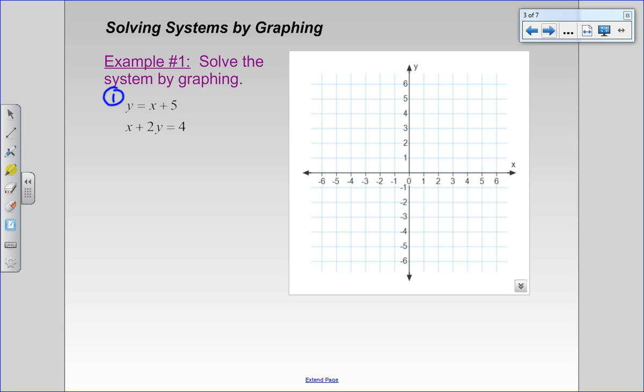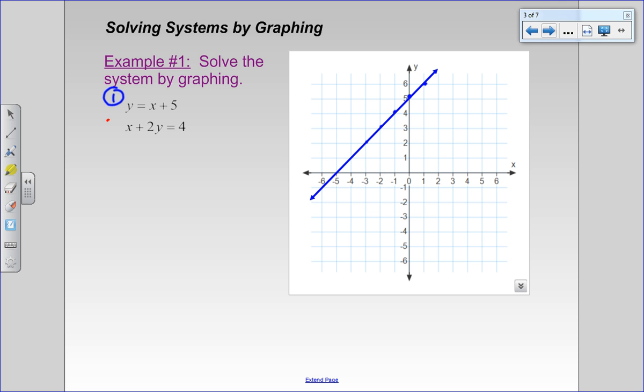And the slope of our equation then is the coefficient of x, which is 1, and the y-intercept is the point (0, 5). So we graph the point (0, 5), and we can use the slope to identify other points on our line. Connecting these points, we see the graph of our first equation.